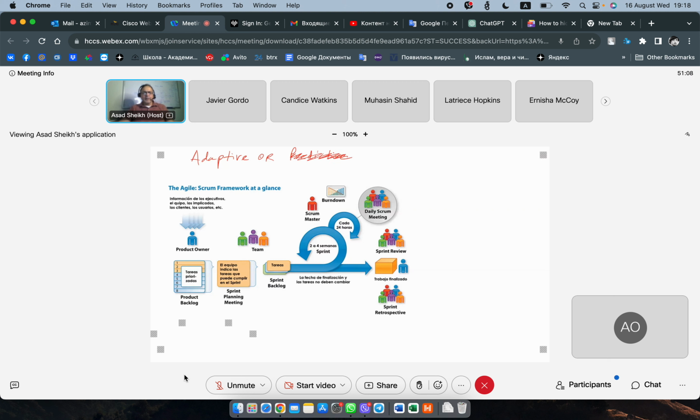Adaptive, or agile, or change driven. Change driven, agile, and adaptive all mean the same thing.